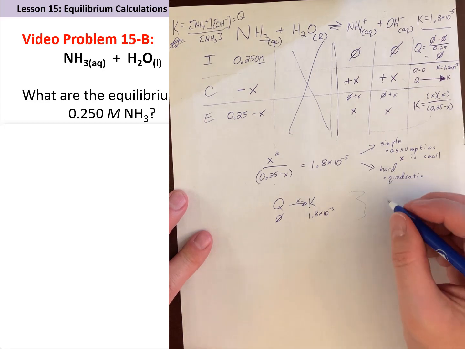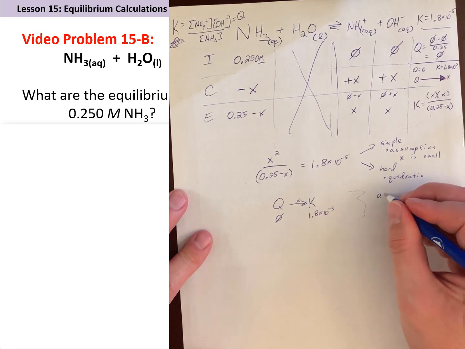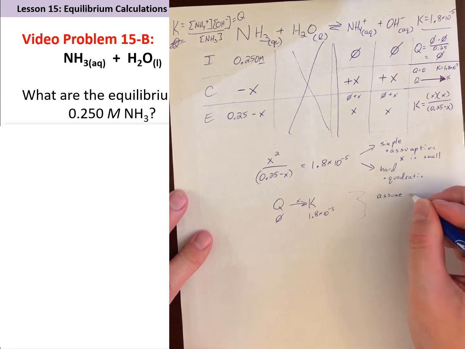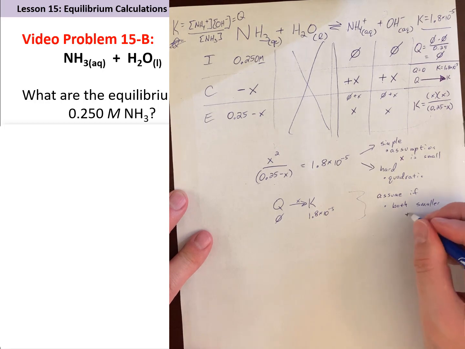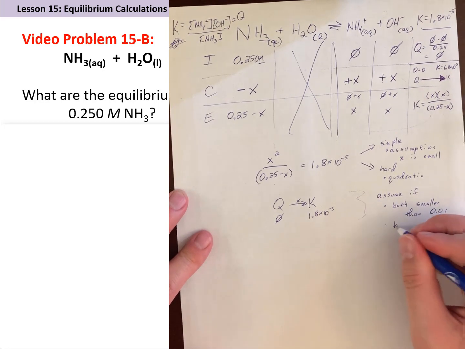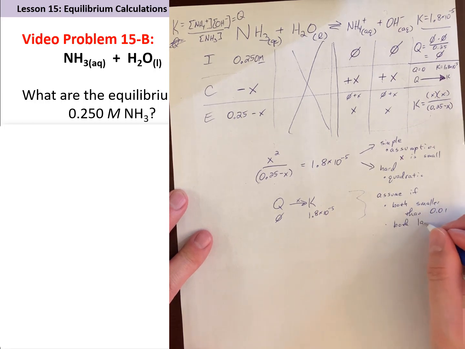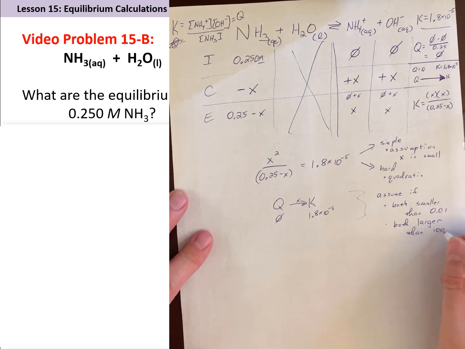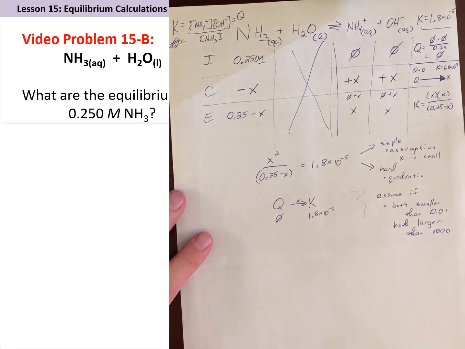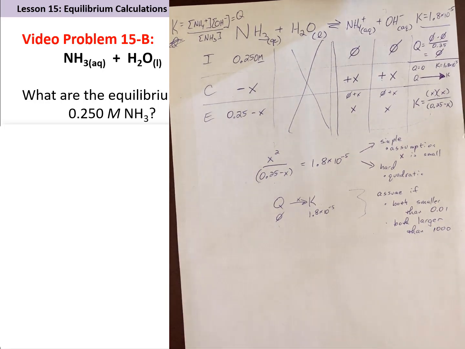In the lesson, I say you can do it if both are smaller than 0.01 or both larger than 1,000. Okay. These both are smaller, so I can make that assumption.